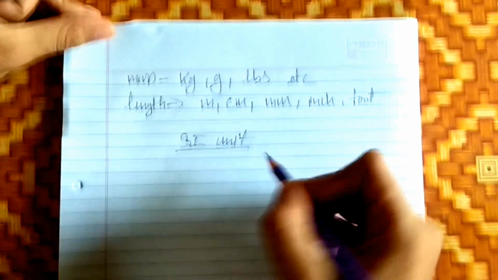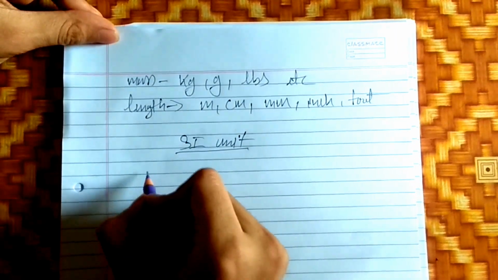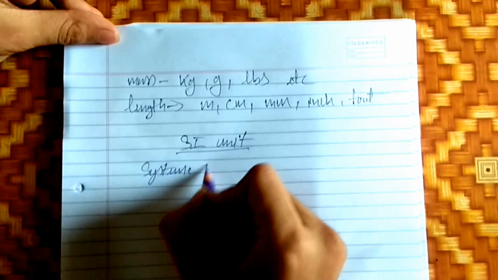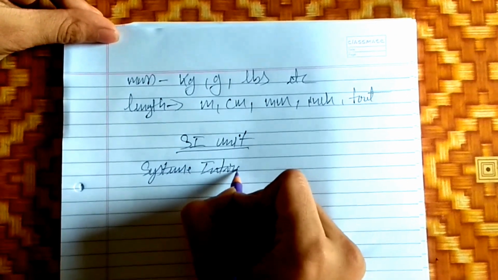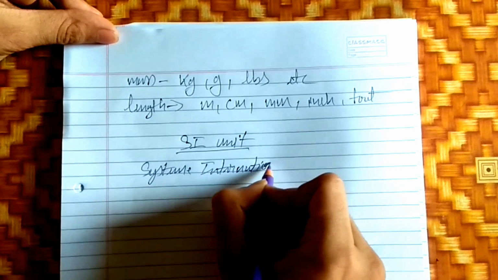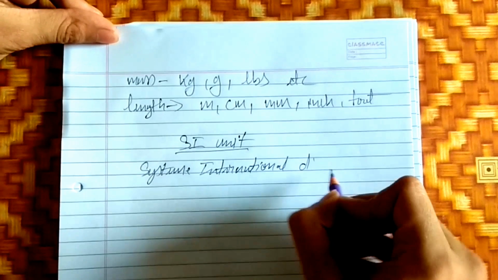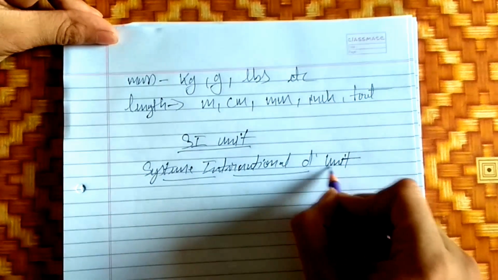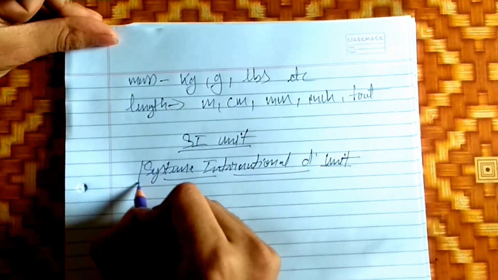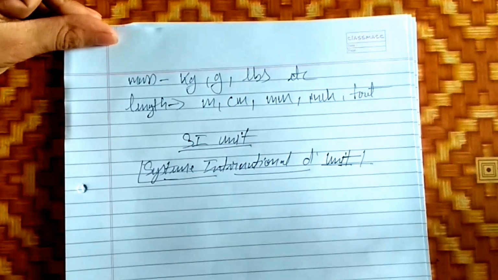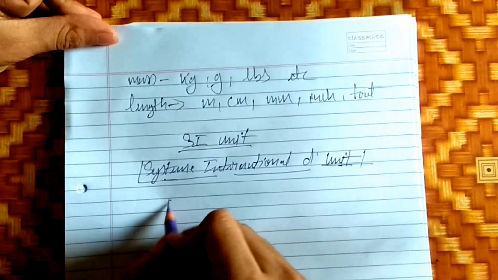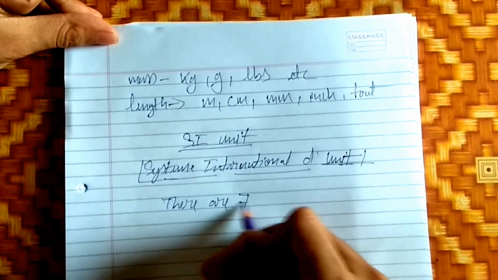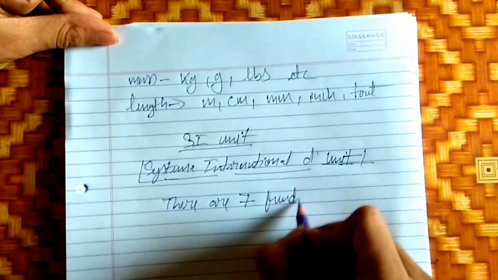In French, this is known as Système International d'Unités. Scientists concluded this as the internationally accepted unit, and according to the SI system, there are seven fundamental units.